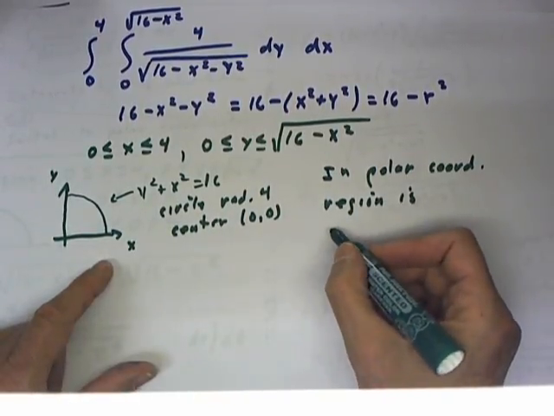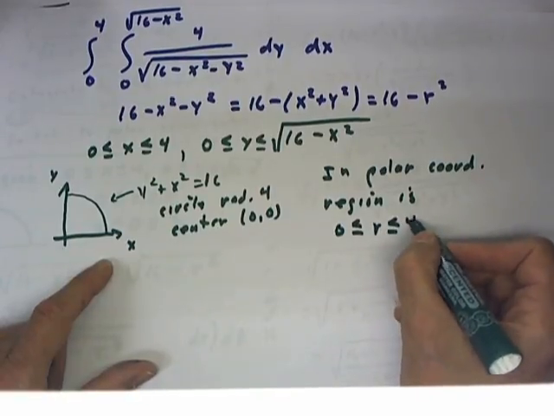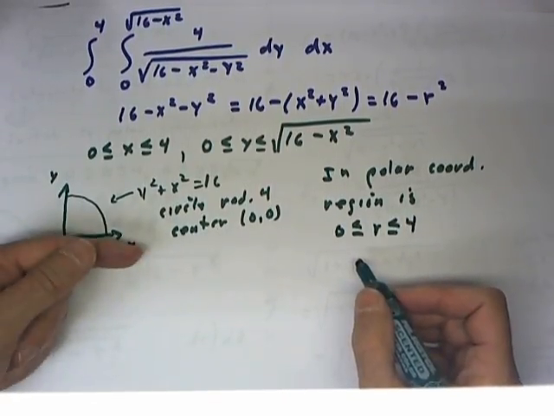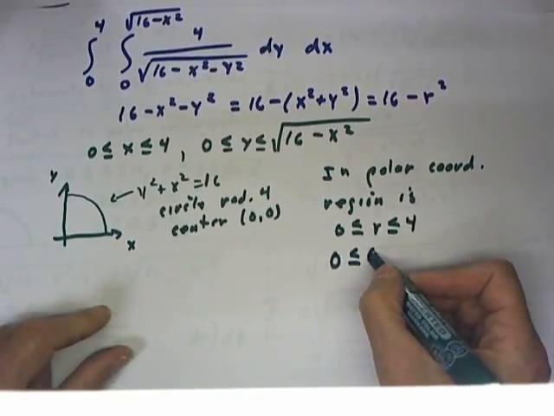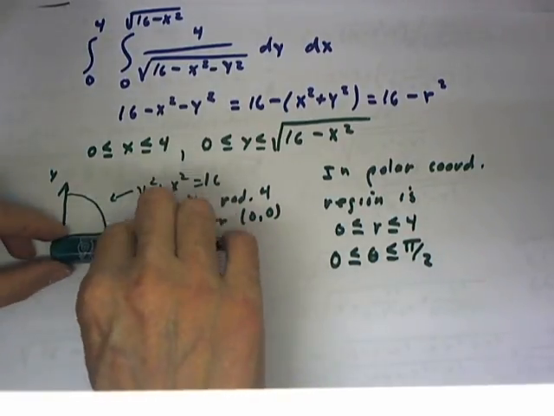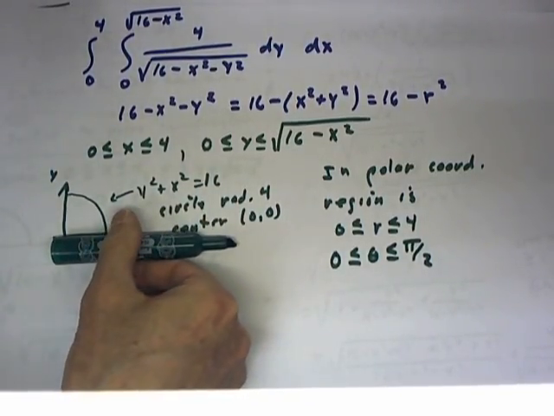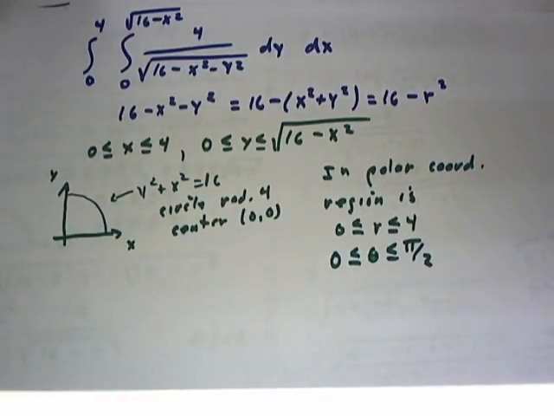That region is 0 less than or equal to r less than or equal to 4, and theta going from 0 to pi over 2. That is our angular coordinate running from the x direction up to the y direction through the first quadrant.